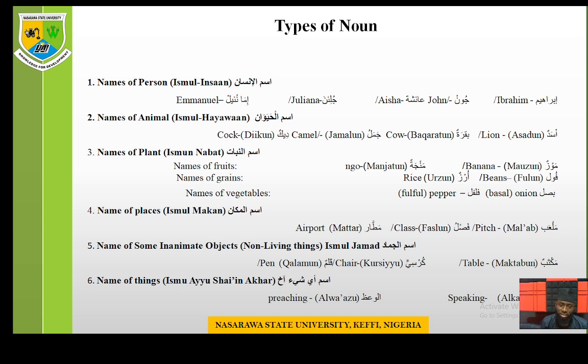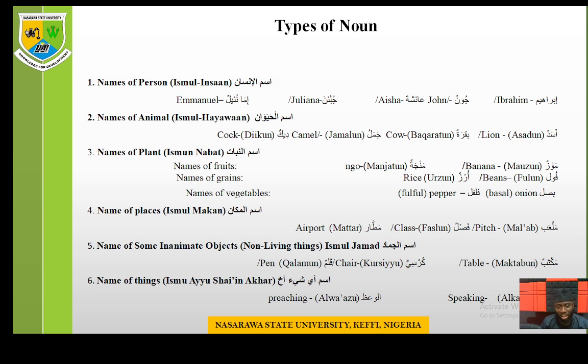So you can memorize all these things in your head, because you will be asked. And then we have ismun nabat. Ismun nabat is the name of our plant. Name of what? Plant. When we say plant, that is what we are planting.